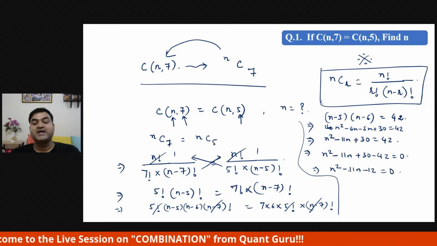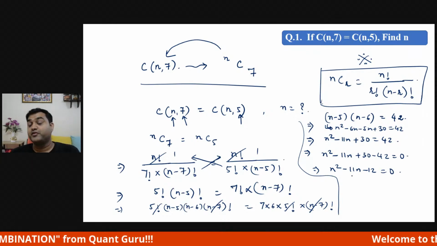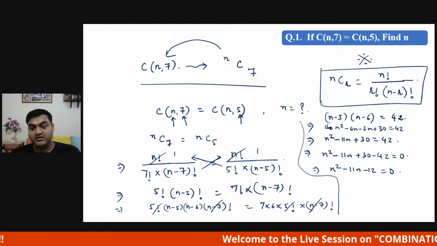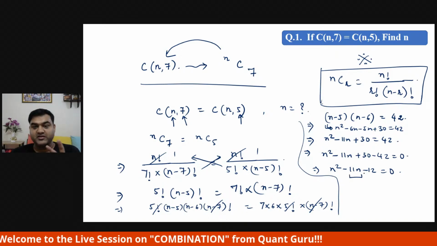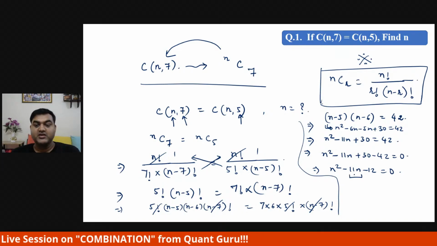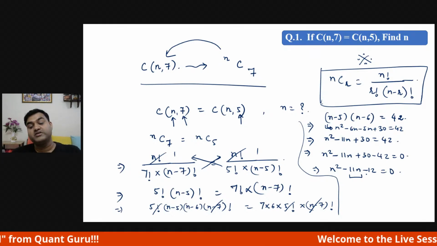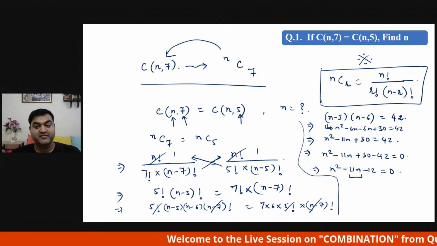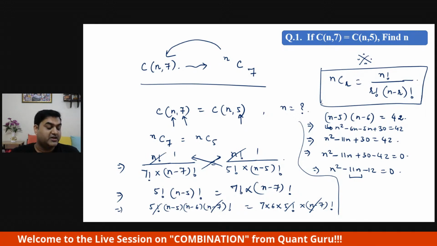Now having seen that, can we reduce and find the value of n? Yes, we can do. What you have to do, if you remember how to solve a quadratic equation, an equation of power 2, the factors of 11n should be such that after multiplication we get the value as minus 12, right? If you add or subtract, it should be 11, but after multiplication it should be 12, and that too in negative, right?